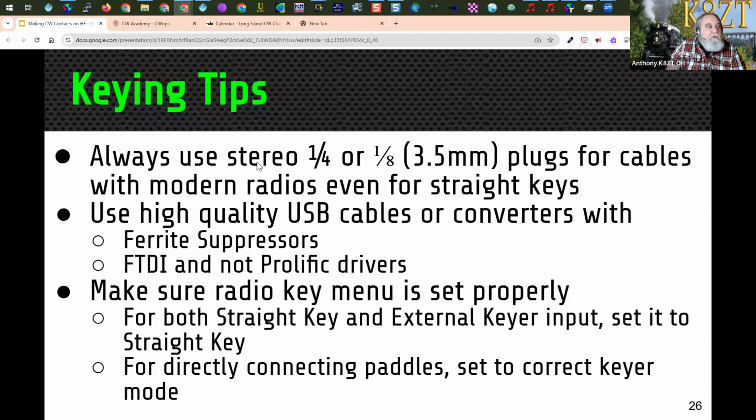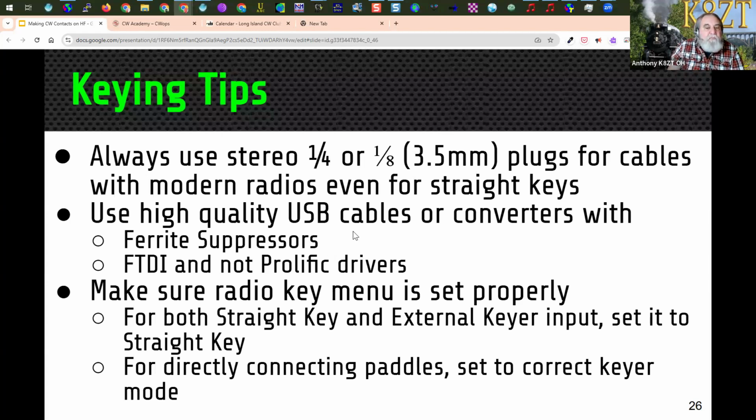The plug that you use to connect it on your cable from your keyer, etc., should always be a stereo. Do not use a mono plug because it will short out the settings. Even if you're using a straight key, which only has two connections, you might think you can get away with that, but no, the radio is designed to receive a stereo plug. So in any case, always use a stereo plug for your device that you're plugging into your radio.